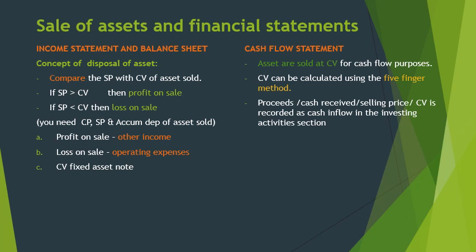If it is a loss on sale, the value of the loss is recorded under operating expenses in the income statement. Then in the balance sheet, carrying value is recorded in the fixed asset note. So you need to know which question is asking for this sale of asset to know how to treat it properly. Then the same topic affects our cash flow statement as well.